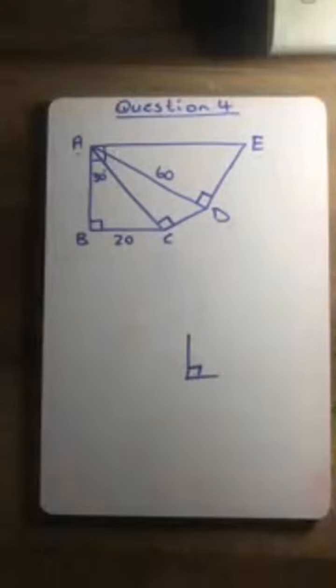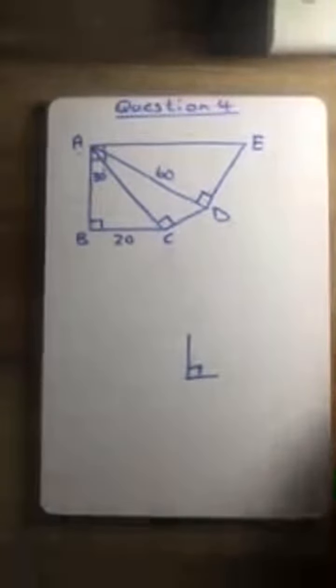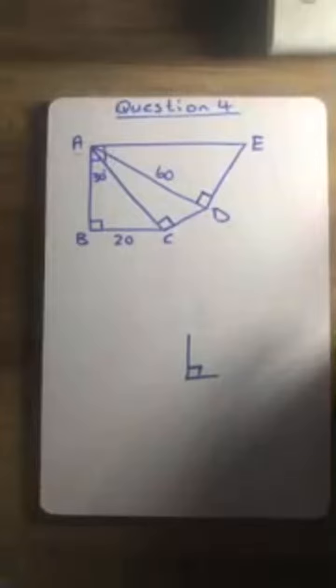Now what they are saying is that angle A is equal to 30 degrees. That we can see. So in triangle ABC, angle A is 30 degrees.